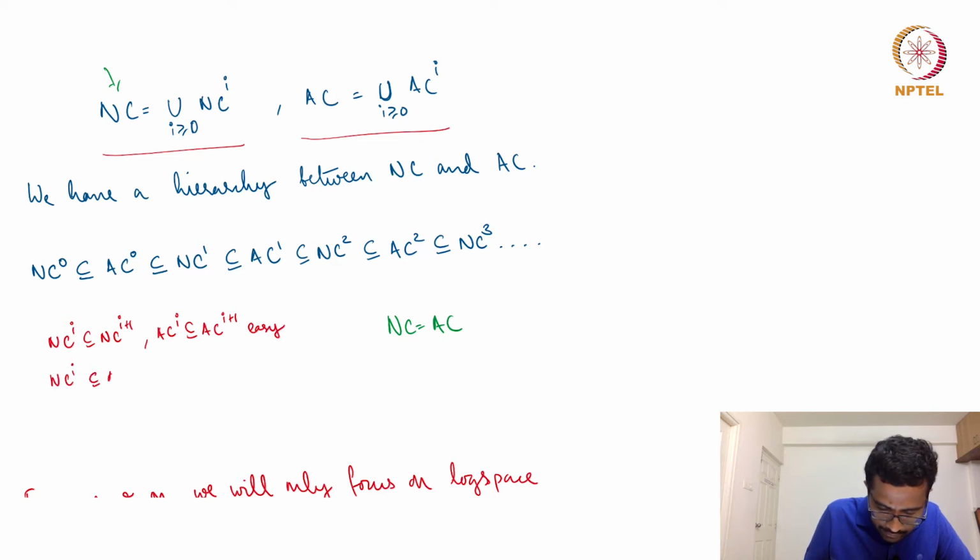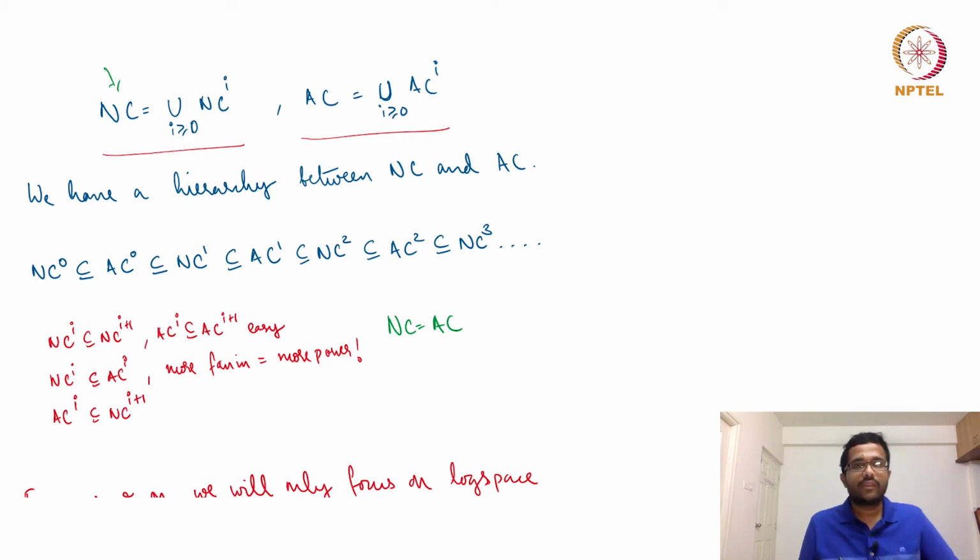NCi is contained in ACi because more fan-in equals more power, right? And finally, ACi is actually contained in NCi+1. Okay, so this is probably the only interesting part.